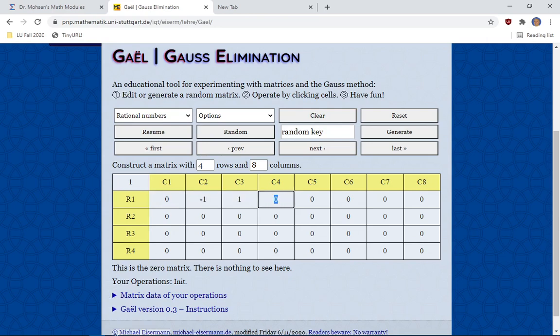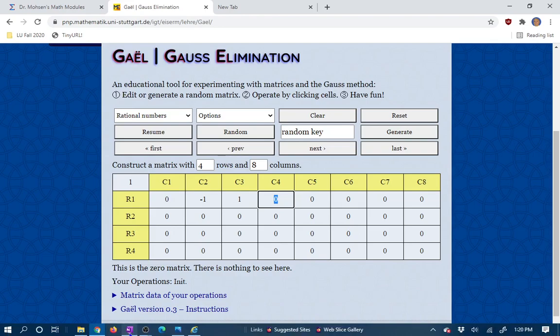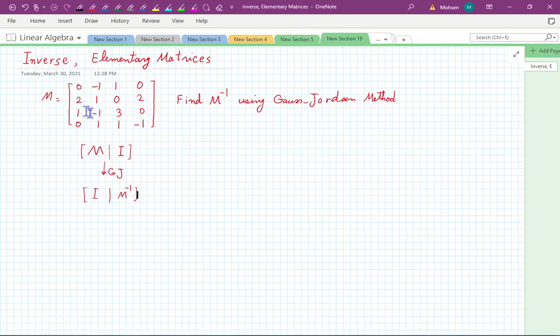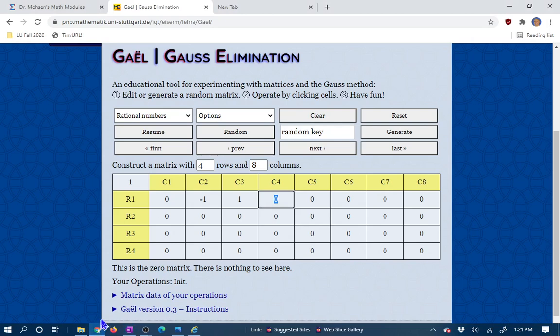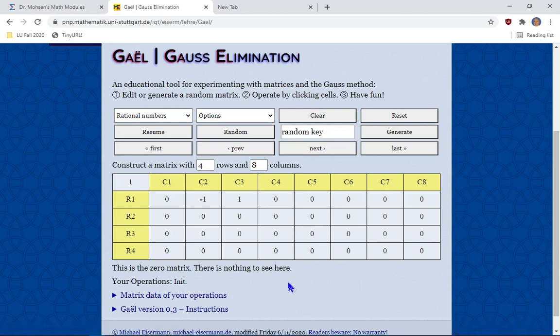I'm just entering this matrix, and next to that we are going to put identity. So identity is going to be 4 by 4. It's going to occupy a few more of those squares. So this was 0. Next I want to put identity, so here will be a 1.